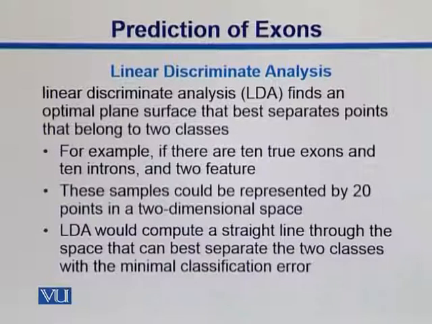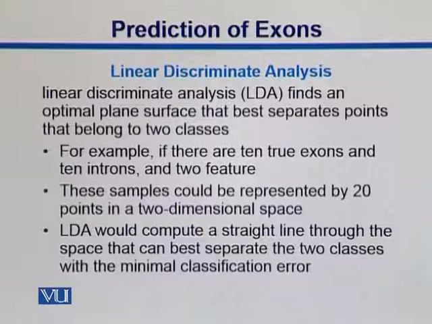That is where the analysis comes in, what we call linear discriminant analysis, commonly known as LDA. It finds an optimal plane surface that best separates points that belong to two classes. So for example, if there are 10 true exons and 10 introns, and we have two features and want to separate them, there are a total of 20 samples, 20 data points, and we can separate them in a two-dimensional space based upon two features.